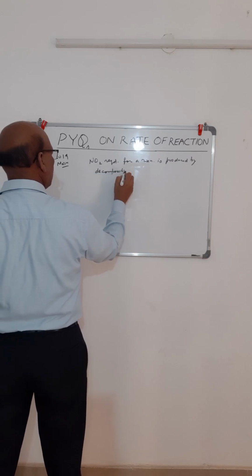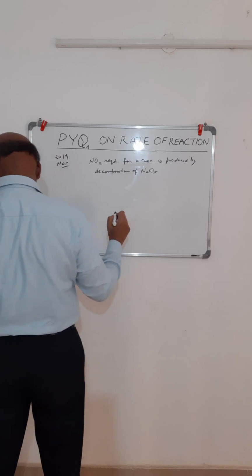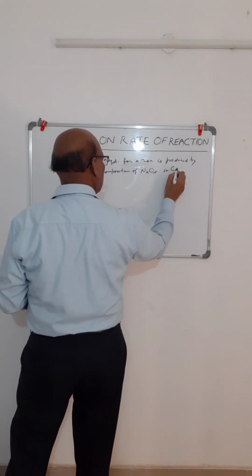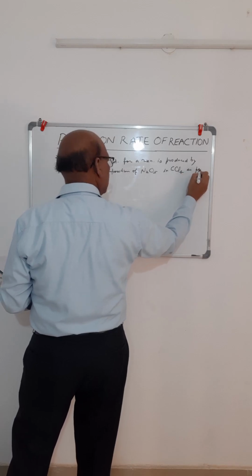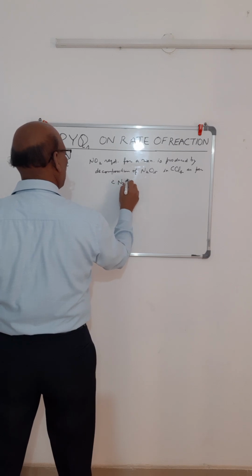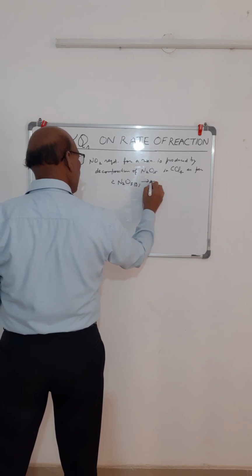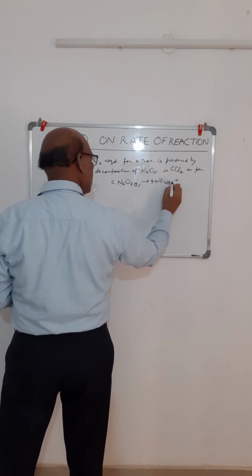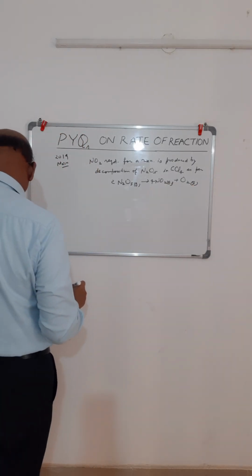in CCl4 as per the equation given to us, that is 2N2O5 gas gives 4NO2 gas plus O2 gas. That is the same equation which we have written earlier.